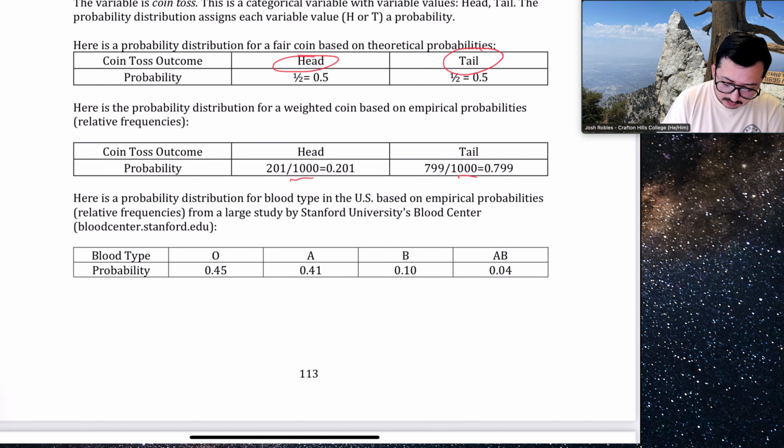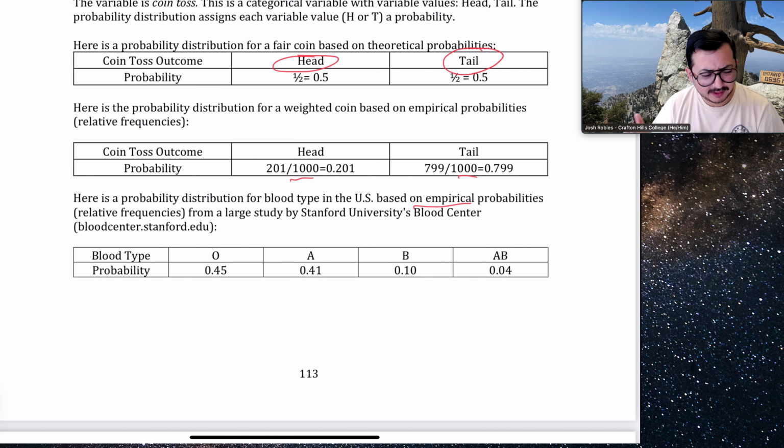So empirical is very, very common because a lot of stuff we just don't know why it is, how it works. So for blood type, for example, you've probably heard the most common blood type is O. And before I looked this up, what I didn't know is A is a very common blood type also.